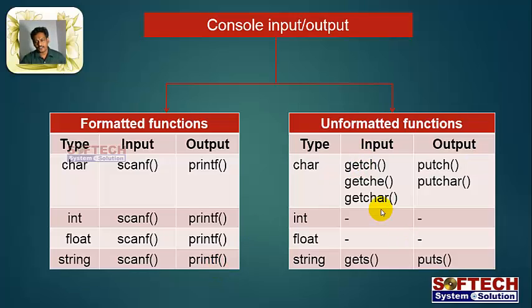In unformatted functions, this also gets input and gives output. This also gets a string and gives a string as output. But it has differences. The character and string input in formatted functions differs from unformatted functions' character and string input output, at the time of accessing character and string.